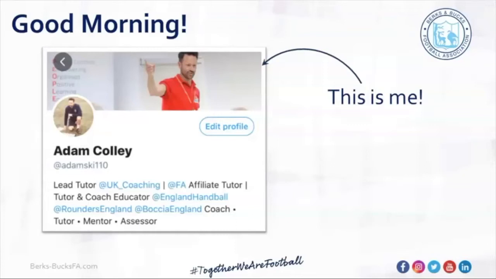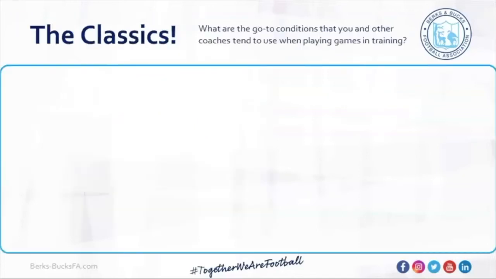And we're going to have a little go at annotating in a second. So what I want us to think about to begin with is the classic go-to things that we put inside our games and training. I'm hoping this is going to work. If everybody can slide across on their screen to the left-hand side, you should see a little grey box.